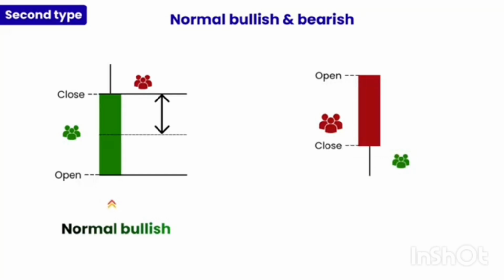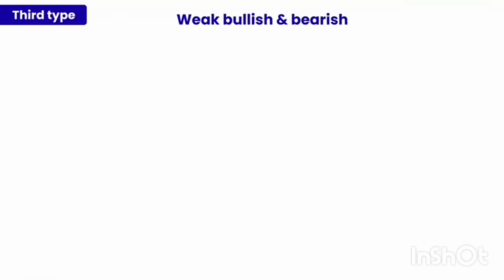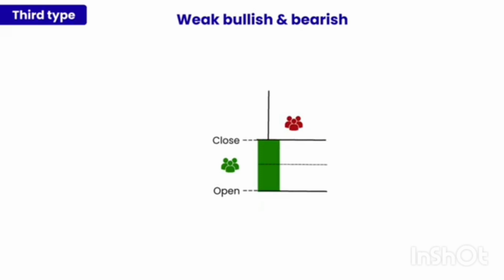Likewise, if sellers initially push the price lower, but buyers strongly reverse the move, creating a lower wick much larger than 50% of the body, it becomes a weak bearish candle. It's generally better to avoid trading weak candles because they indicate uncertainty and reduced momentum. Strong and normal candles usually provide more reliable trading opportunities.